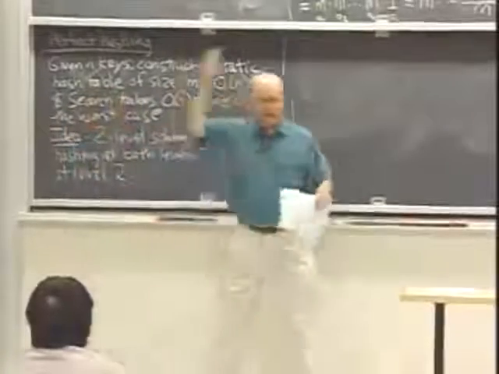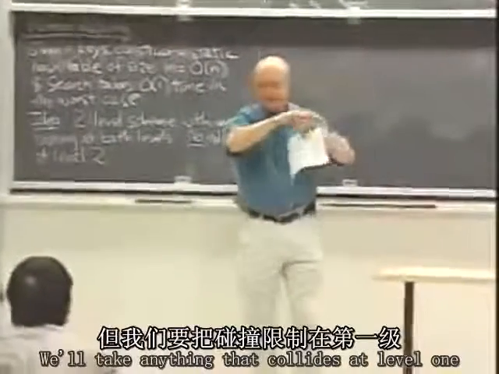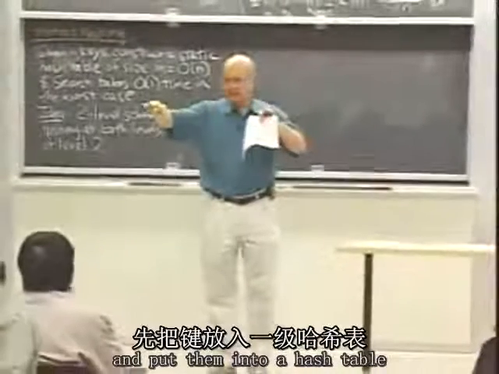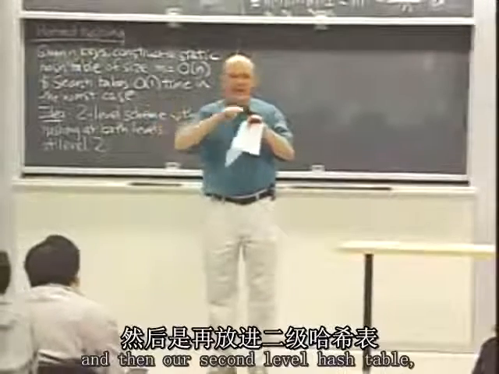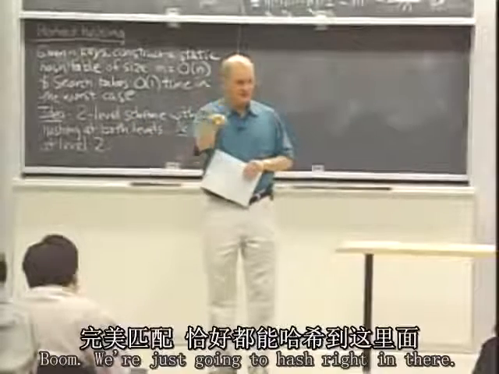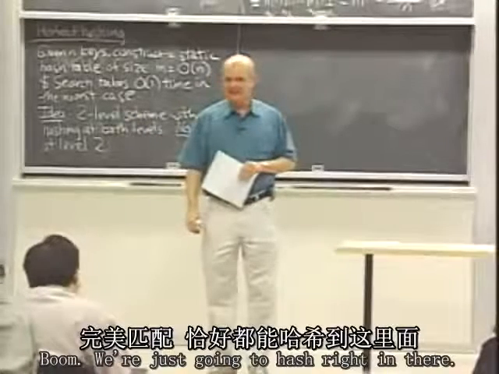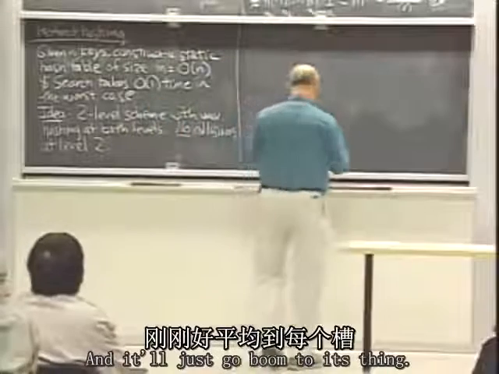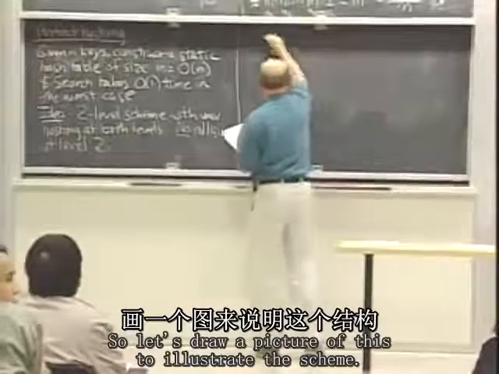So we may have collisions at level 1. We'll take anything that collides at level 1 and put them into a second level hash table, but that hash table, no collisions. Boom, we're just going to hash right in there, and it'll just go to its spot. So let's draw a picture of this to illustrate the scheme.